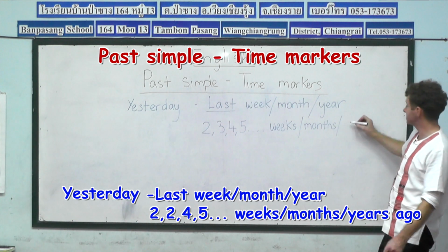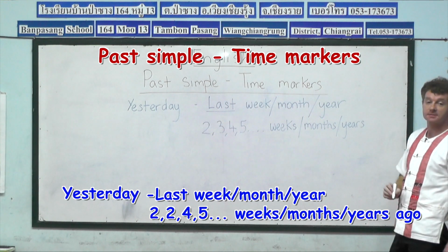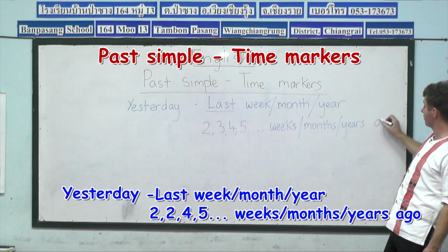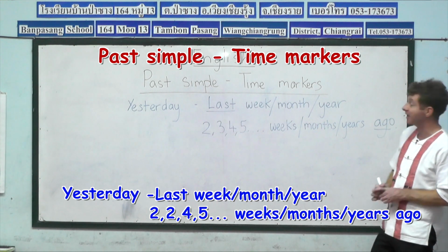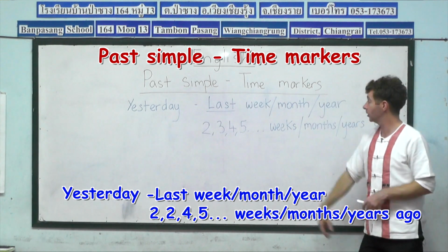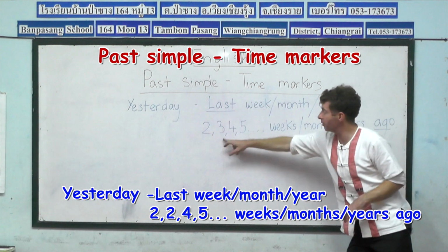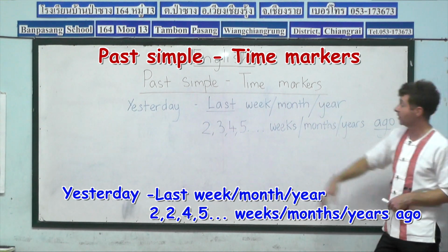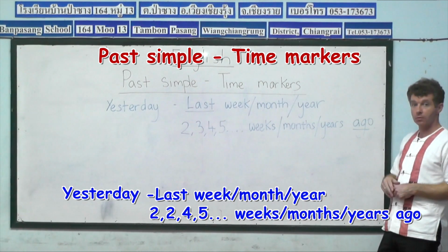And then years. Yes. And then, when we talk about more than one previous, ago. Excellent. Well remembered. We could say 2 weeks ago. 3 months ago. 4 years ago.